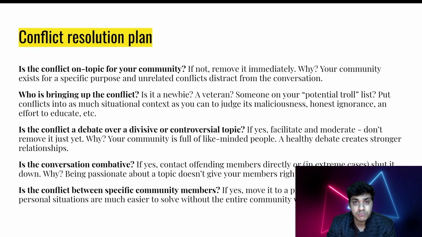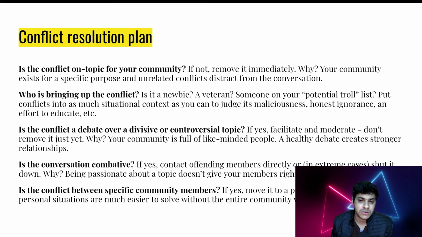Now, next, less about people but more about the actual topic. Was this a controversial topic? How do you handle controversial topics? If it's a controversial, divisive topic, say about religion and politics, and you don't have a specific place for it, what most people generally do is keep content like religion and politics out of the scope of discussion, because they tend to be divisive.